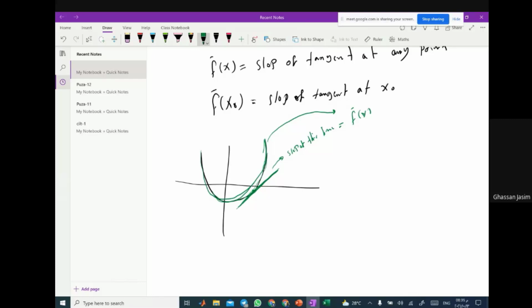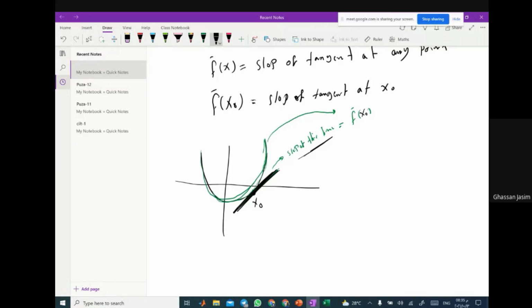If we take the derivative and put in this point, for example x naught, we will get the slope of the tangent.